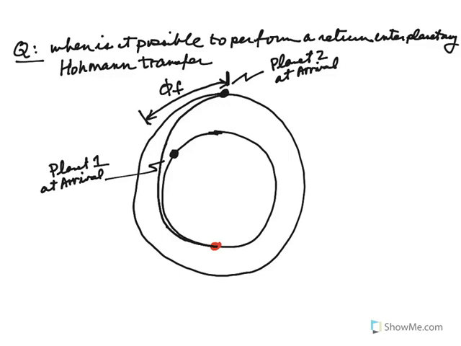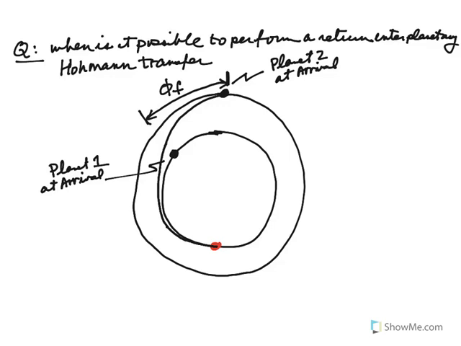Now, if we're going to be able to do that, then planet 2 has to be in the location at departure that, in the same way that planet 1 was in the location for its departure on the outbound leg, now on the inbound leg. But where does planet 1 have to be? Well, planet 1 has to be in a location such that it's going to traverse that same angle in order to get down to where the red location is.